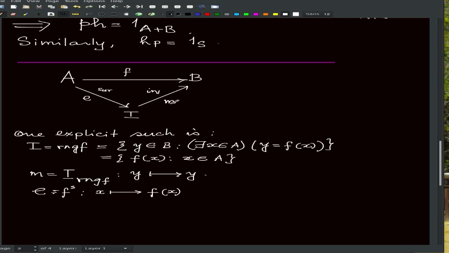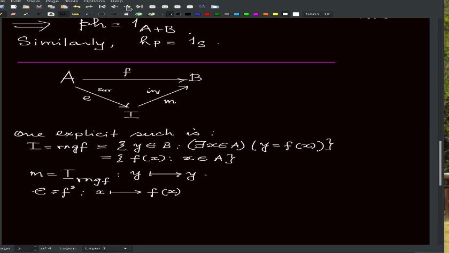You can get this feeling, right? That's why I made the comment that injections are essentially subsets or inclusion maps, because any other injection is actually a copy.